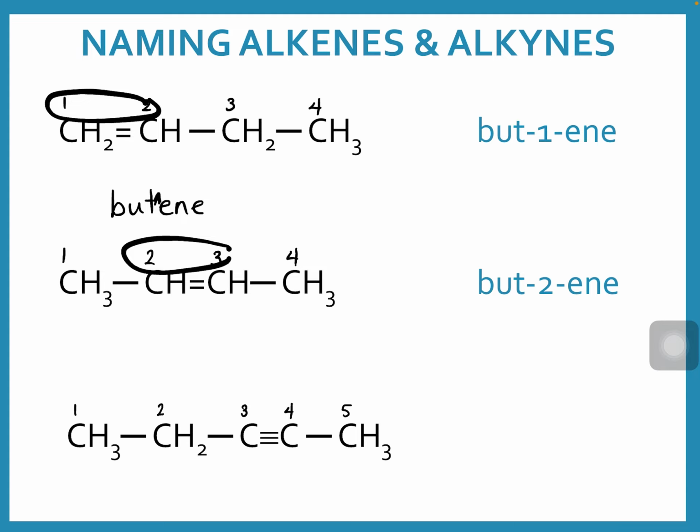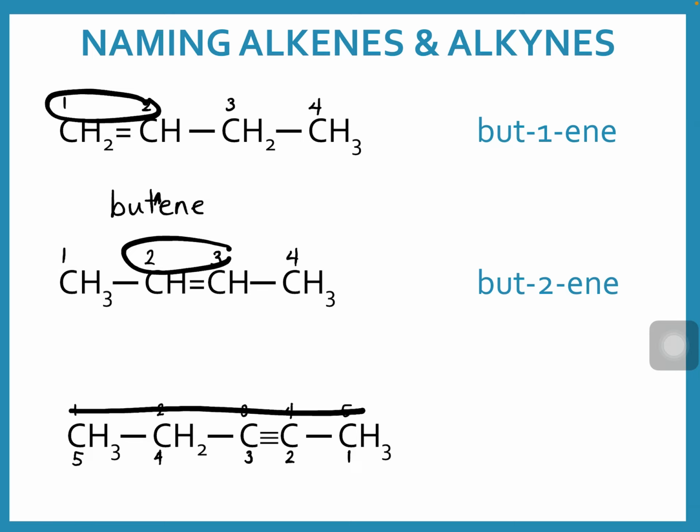However, if I were to flip this around, so if I had this molecule built and I just turned it, then this would be my numbering. And so that puts the triple bond between carbons 2 and 3. And so what we're always going to do is number the carbons from the direction that gives us the lowest possible number. So in this case, that is not the correct numbering.